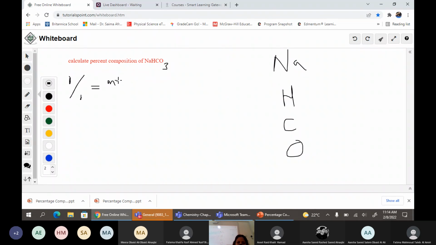Mass of an element up and total molar mass of the compound down.